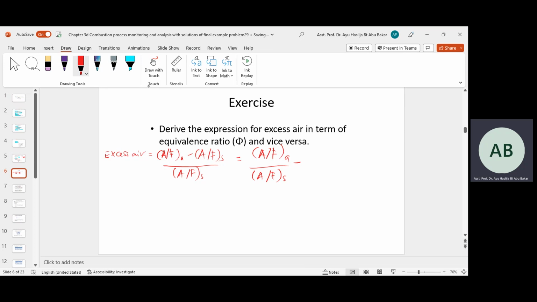Expand the equation. This part goes to 1, and this part is AF actual over AF stoichiometric.